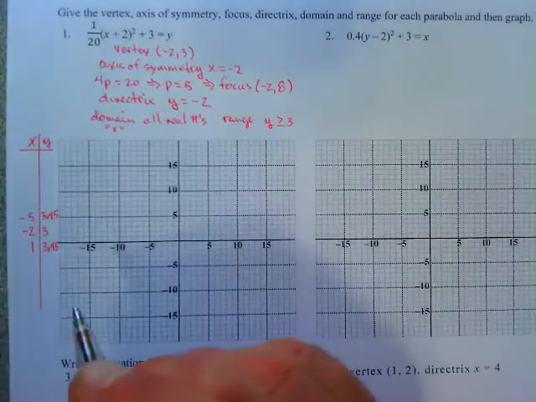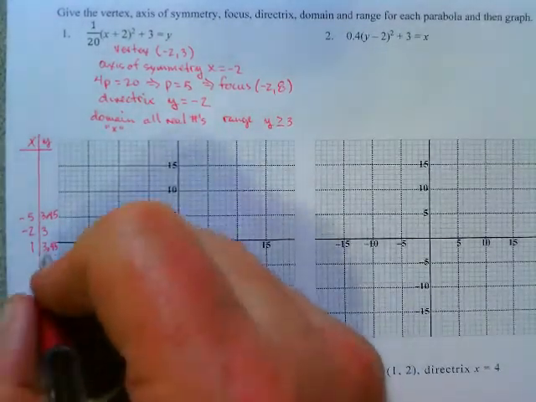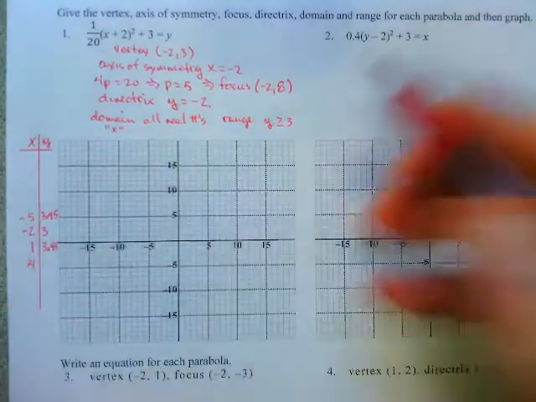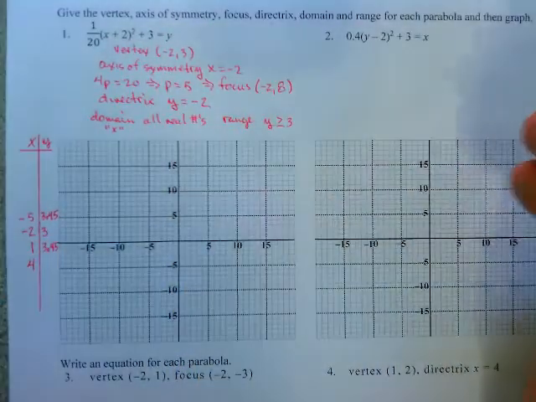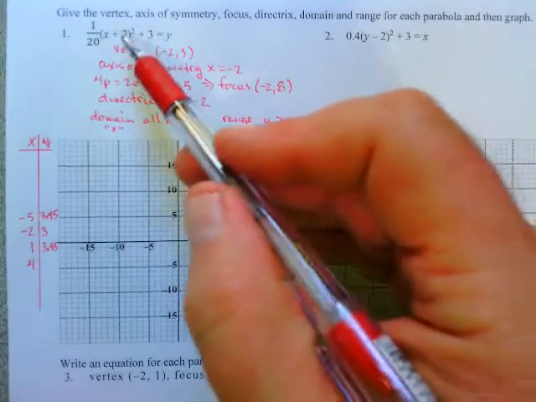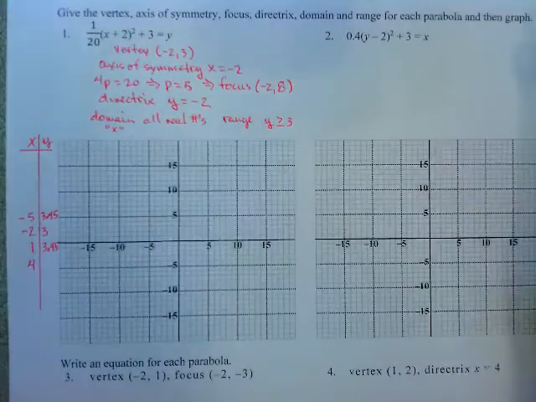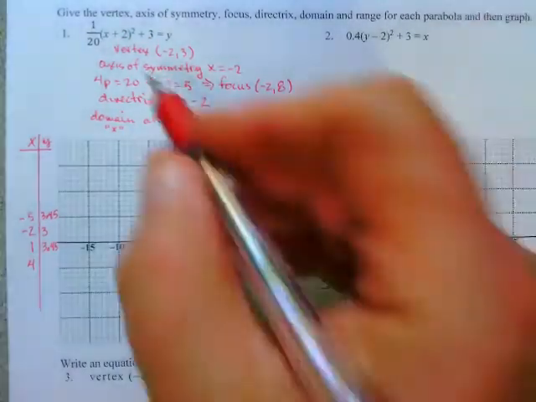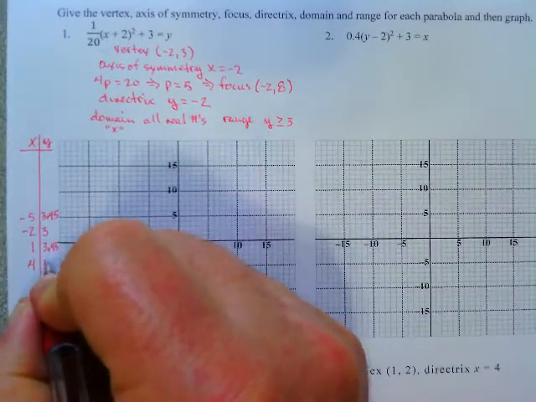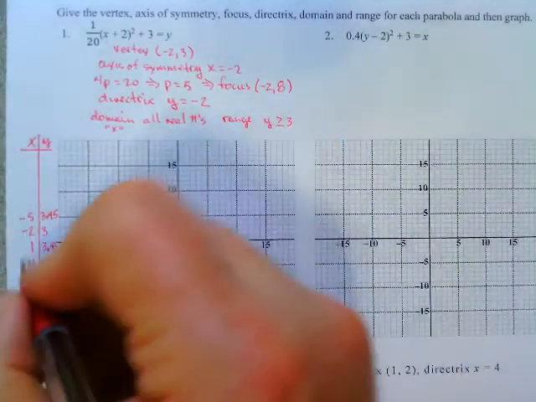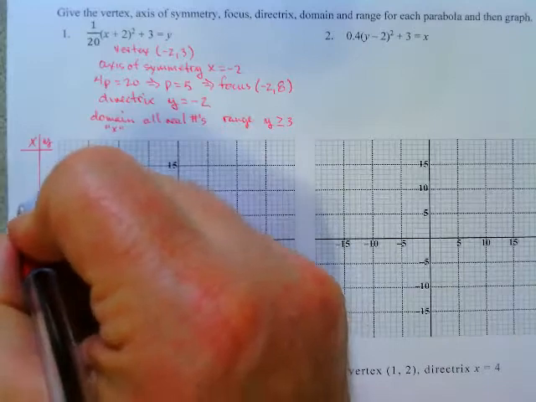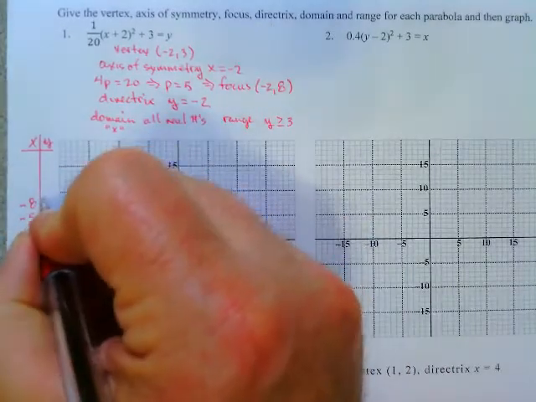Okay, if I next go to 4, so this is 4 and 2, that's 6. 6 squared, 36. 36 over 20 ends up being 1.8. 1.8 and 3 is 4.8, which I move 3 that way, so I'm going to move 3 this way. That'll also be 4.8.